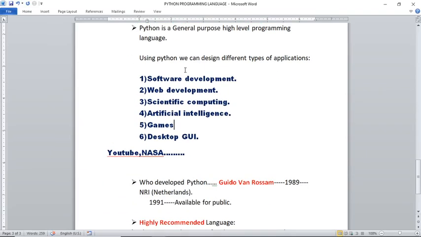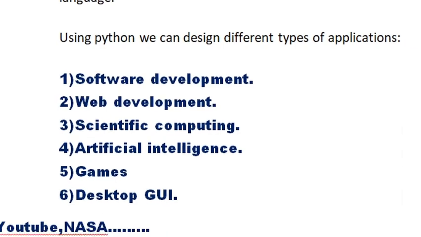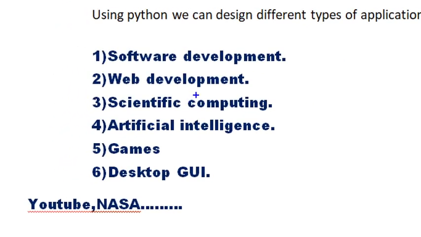Using Python, we can design different types of applications. Like by using Python, we can do software development. We can develop web applications, that is web development. In scientific computing also, we are using Python.